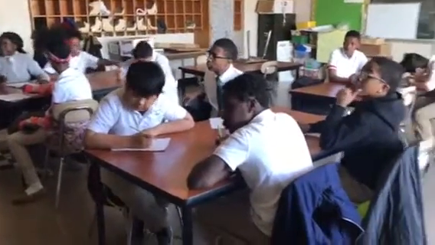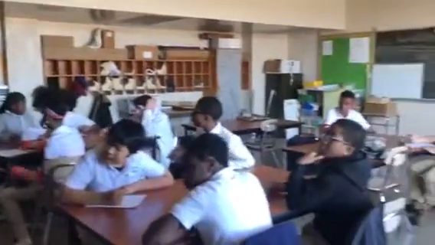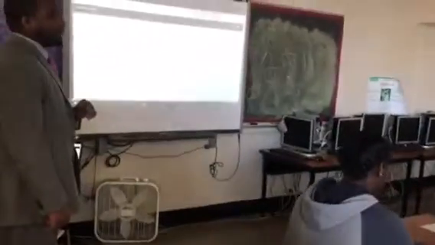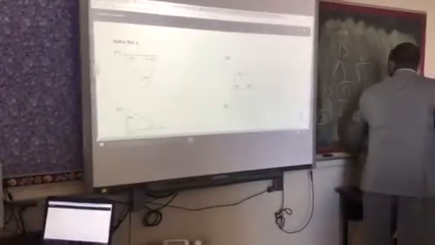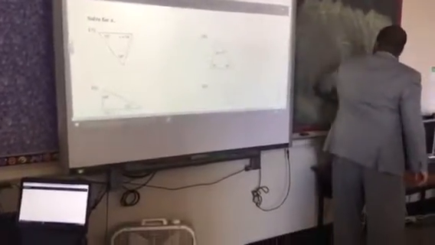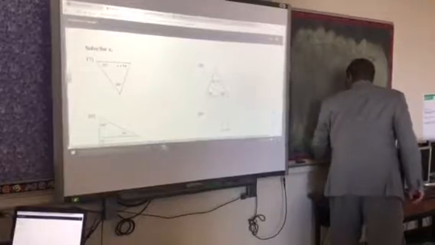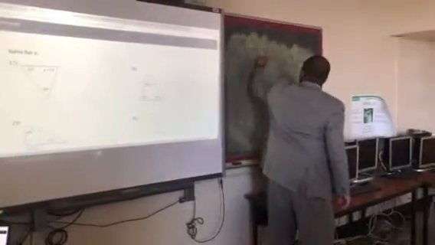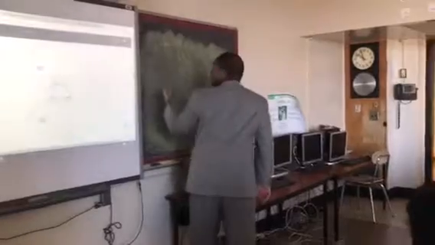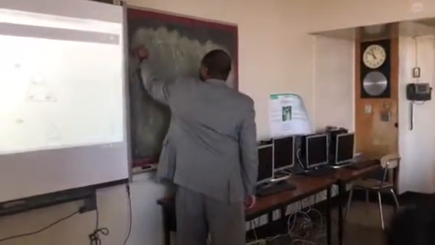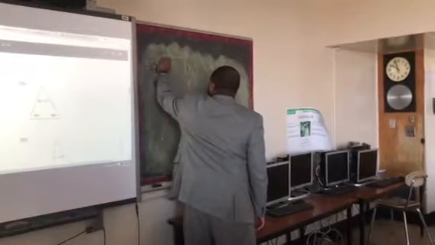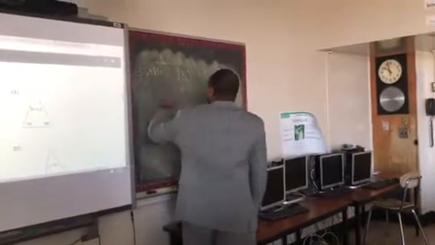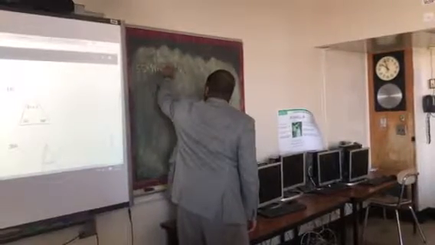So when I look at question number 17, we see a triangle. We have 55 degrees, 54 degrees, and x plus 74. So if I'm looking at this and I know that my triangle is going to equal 180 degrees, I have 55 for one angle, plus 54, that's 109, plus x plus 74.